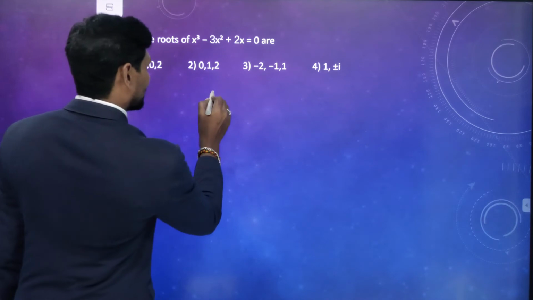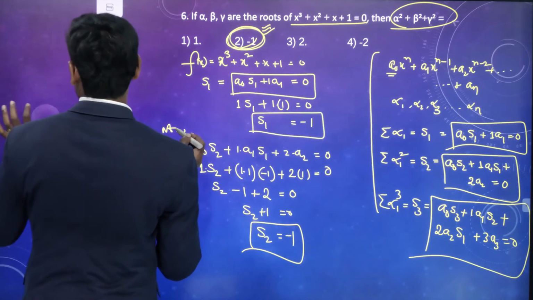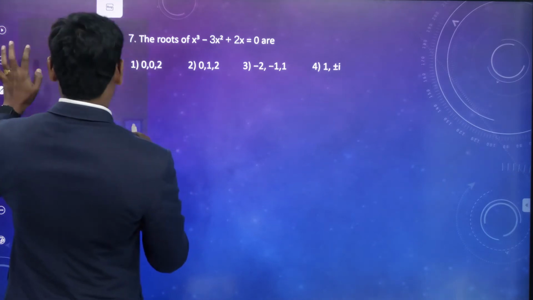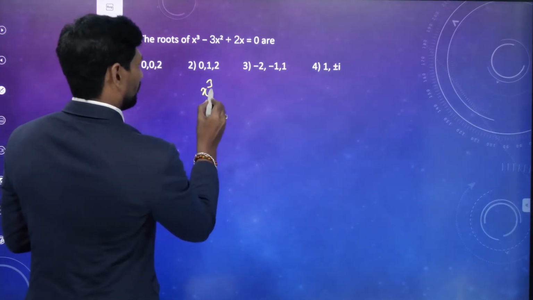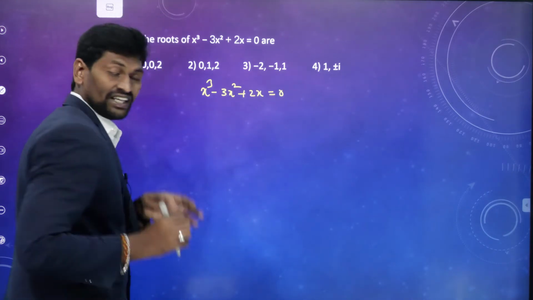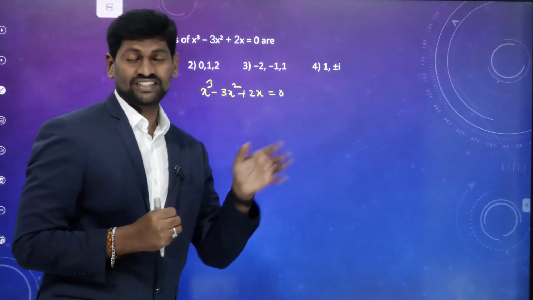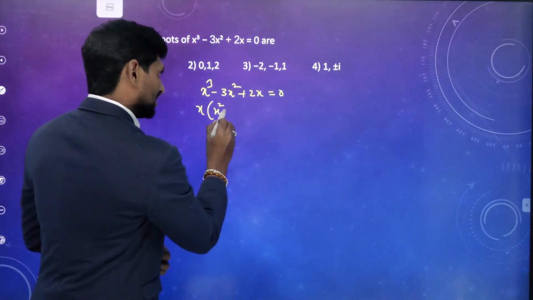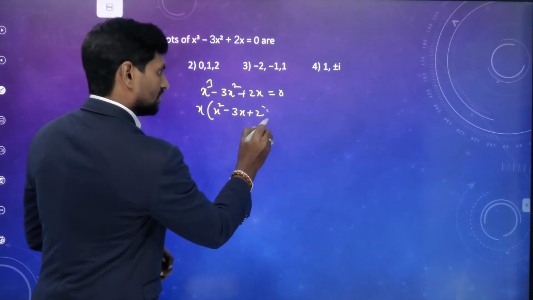So let us take the given polynomial x cube minus 3x square plus 2x equals 0. But here I could sense that all terms have x as a common factor. Now let me take x as a common factor. This becomes x into x square minus 3x plus 2.